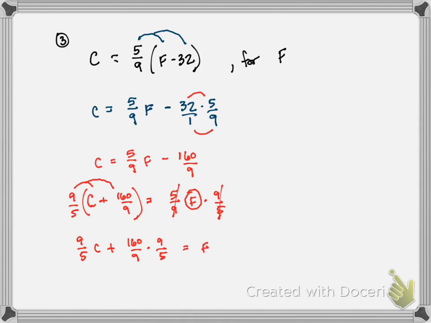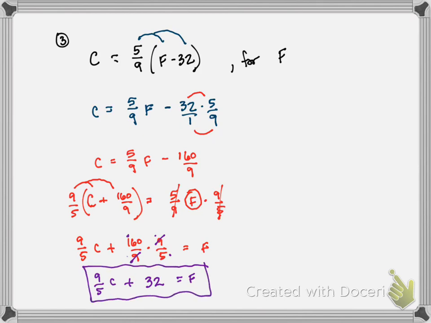Now, we're multiplying 160 times 9, and we're dividing that by the product 9 times 5. 9 over 9 reduces to 1, and 160 over 5 reduces to 32. F then is equal to 32 plus 9/5 c. And you might recognize this as the conversion from degrees Celsius to degrees Fahrenheit.